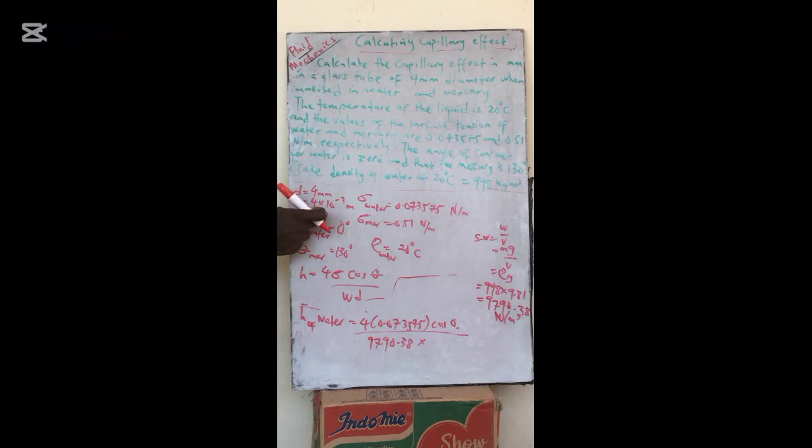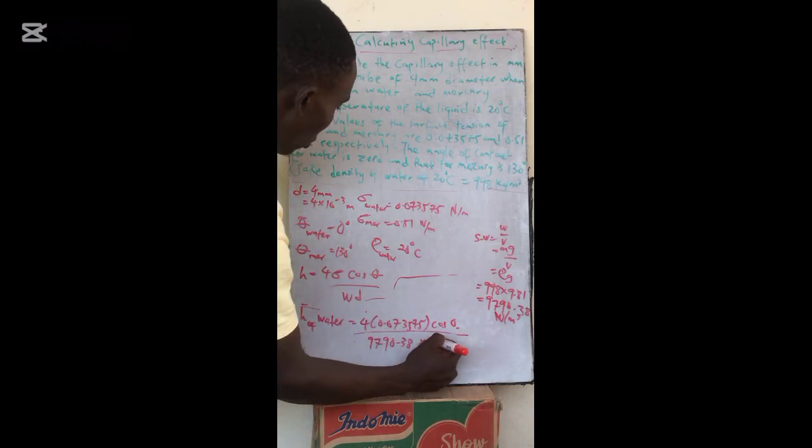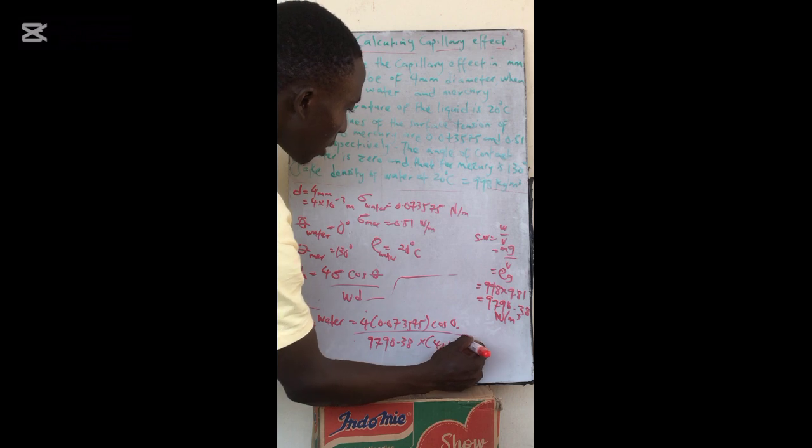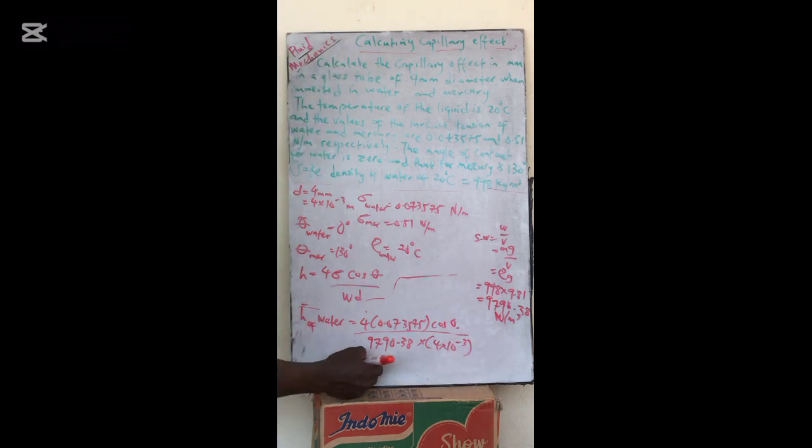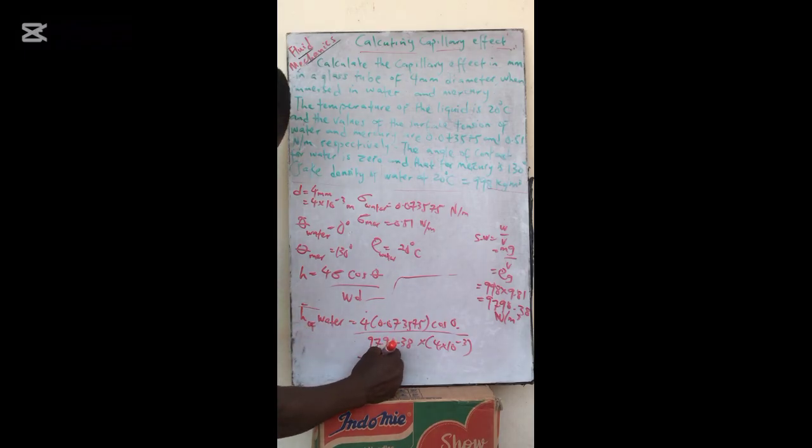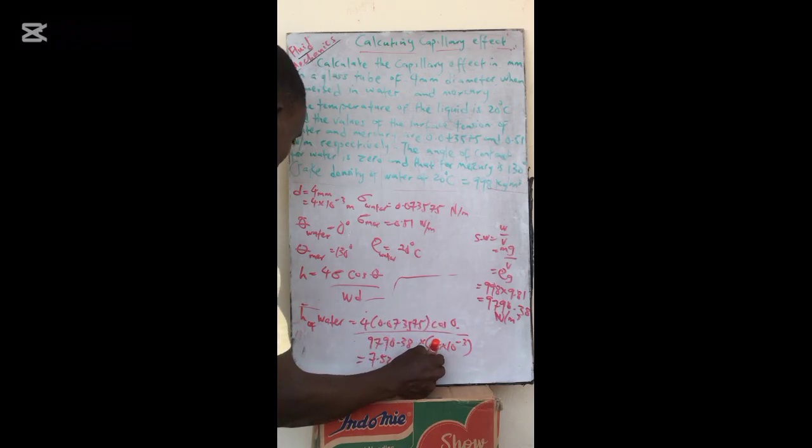And they are giving us the diameter in the question as this. So it remains for us to calculate this value. So when you calculate that, you are going to be getting 7.52 times 10 raised to power minus 3. This is in meter.